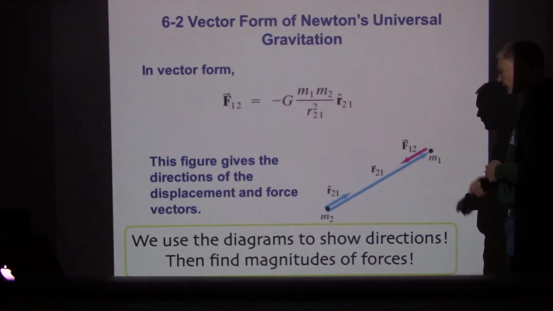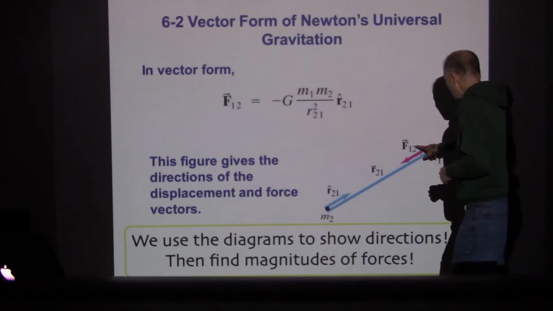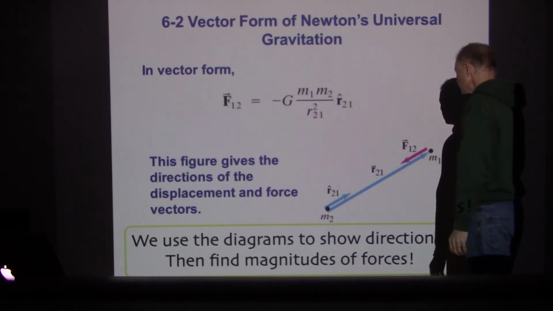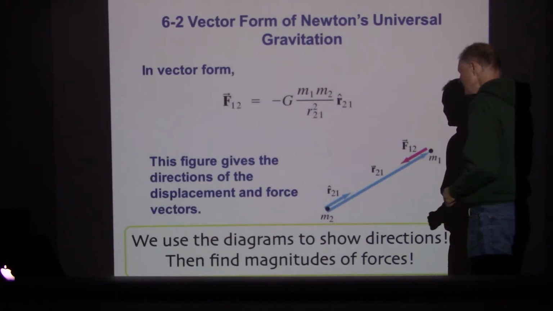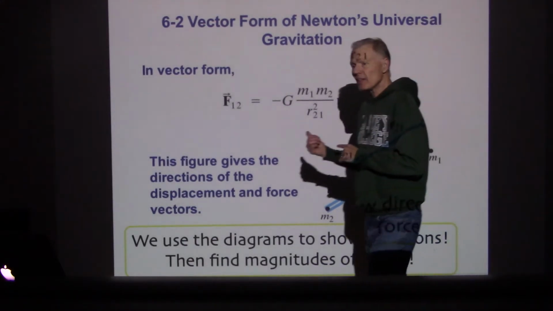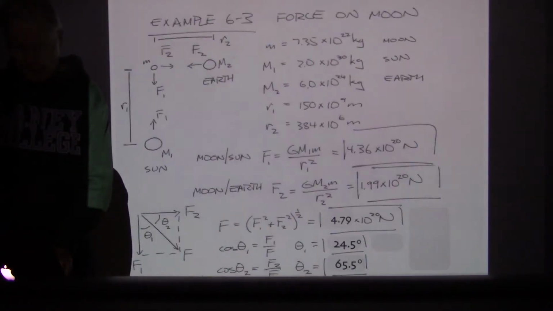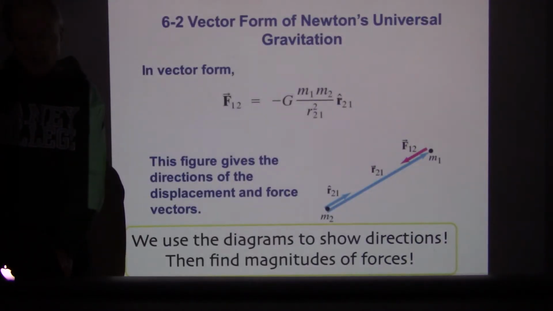Now, there's a lot of detailed subscripts here, the 1, 2s and the 2, 1s. I'm going to say that's really not necessary, as we did in that previous example. We already did one example using vectors, and what we did is we just divided everything up into components. We looked at components of forces as needed, and then added them together.